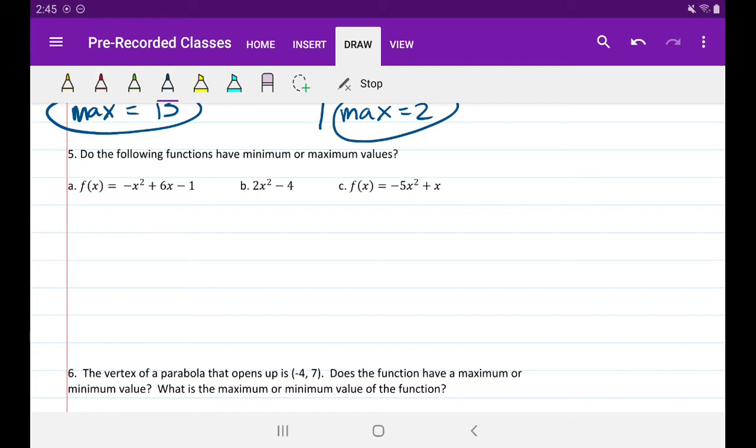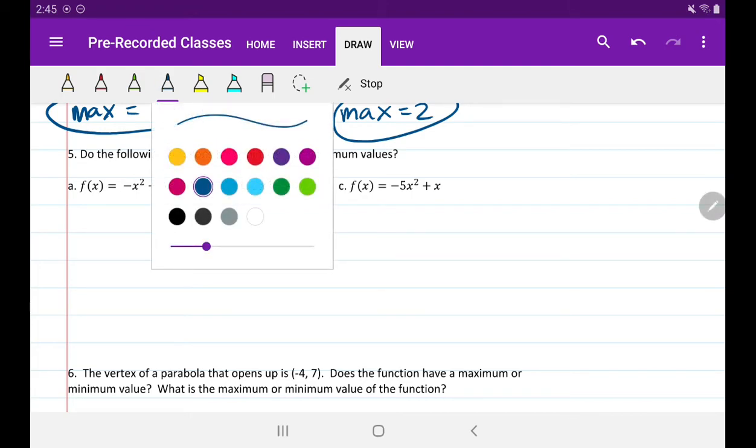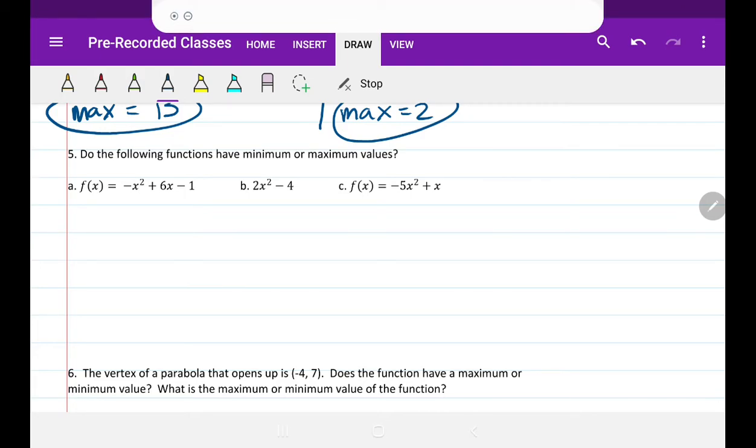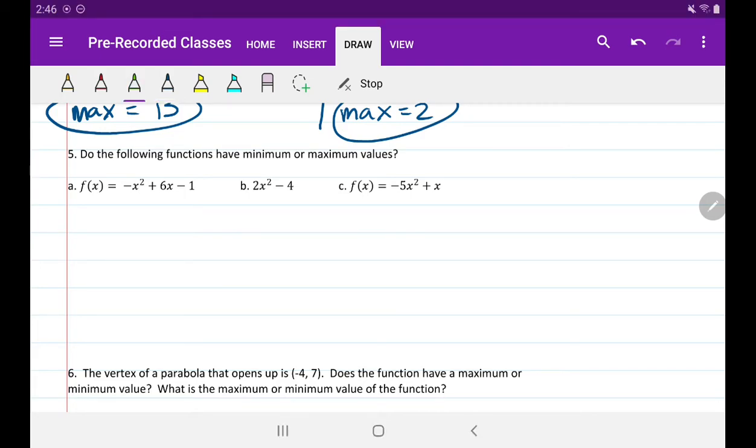So remember, just quick review, if we have a positive a, we open up and we have a min. If we have a negative a, we open down and we have a max, okay?